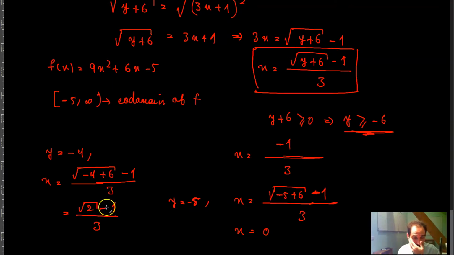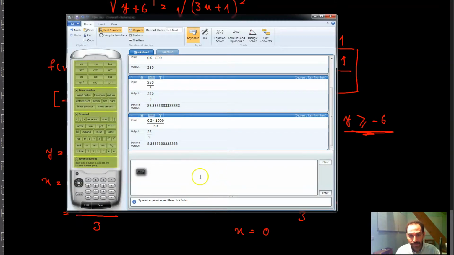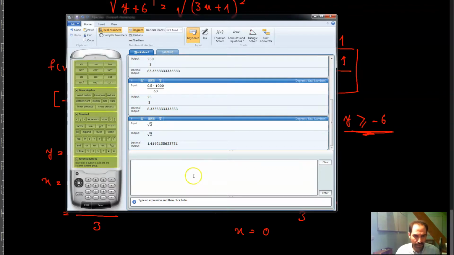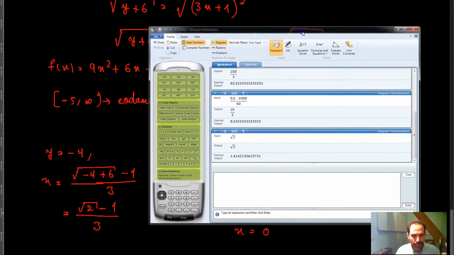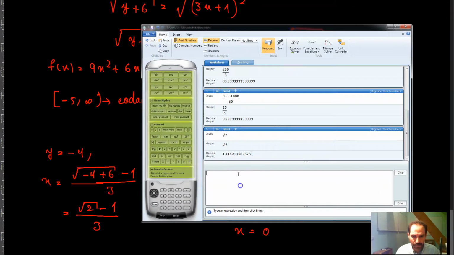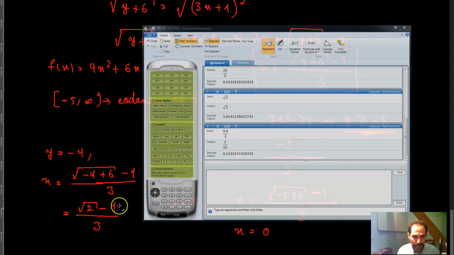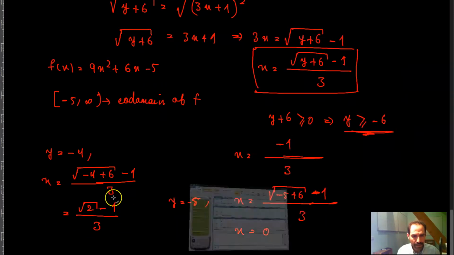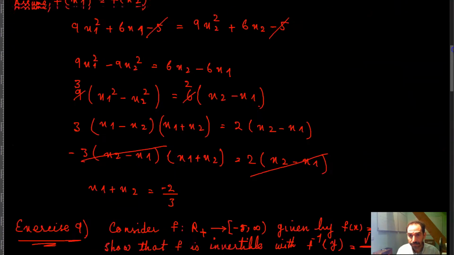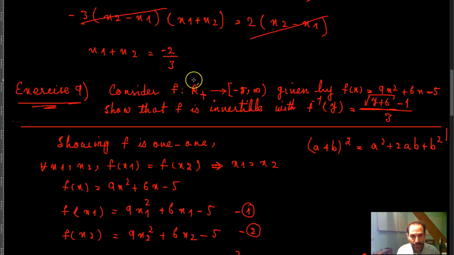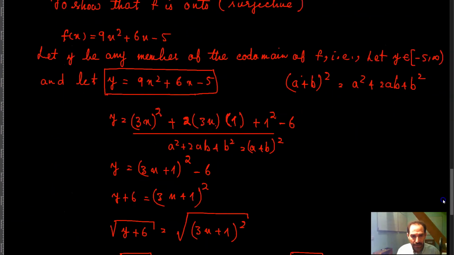It's a positive value above 0, because the square root of 2 is something about 1.4, and 1.4 minus 1 is equal to 0.4, and 0.4 divided by 3 is about 0.13. So that exists again in this set. Again, 0.13 exists in this set.